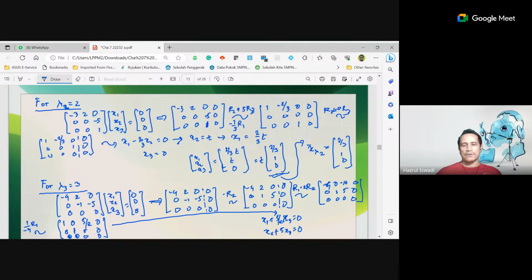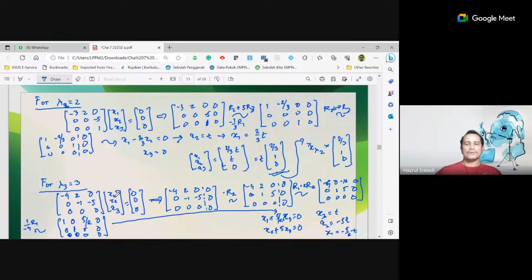X3 is not determined, so x3 can be let to be t, and x2 will be -5t, and x1 will be -5 over 2 t.